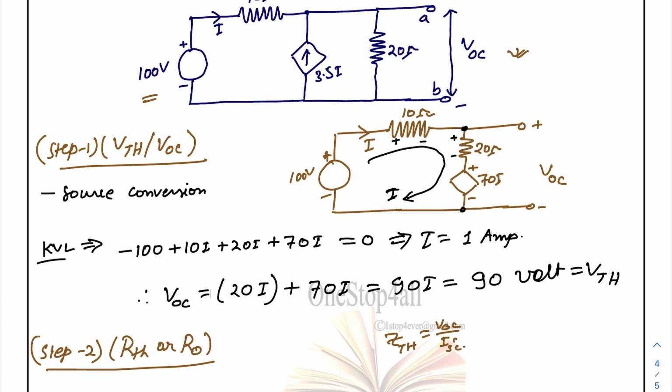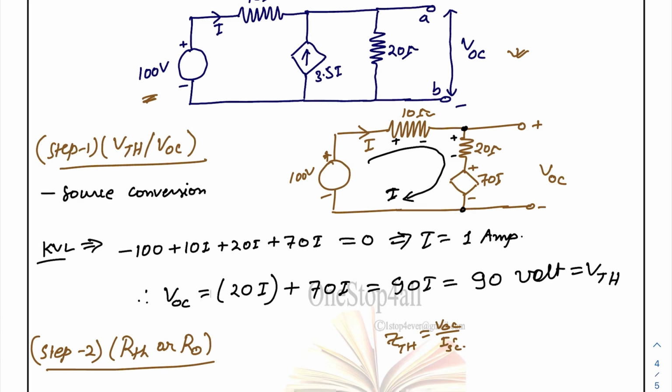Why not? Because if you short circuit this 100 volt, then your current I will be what? I will be 0.